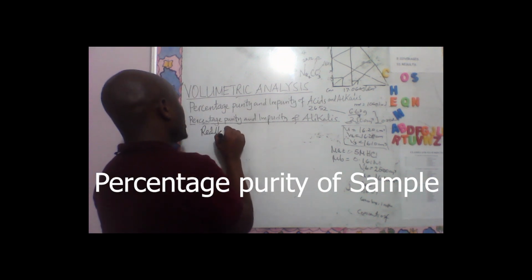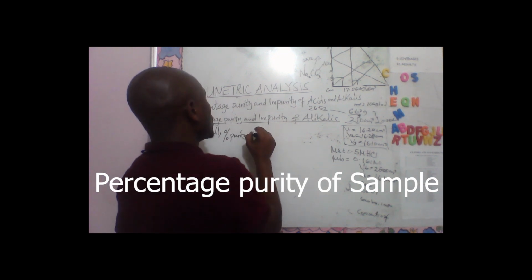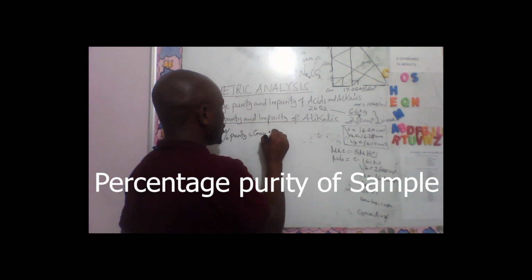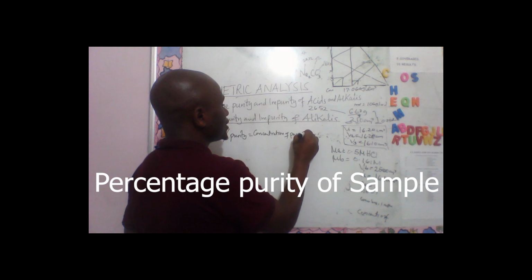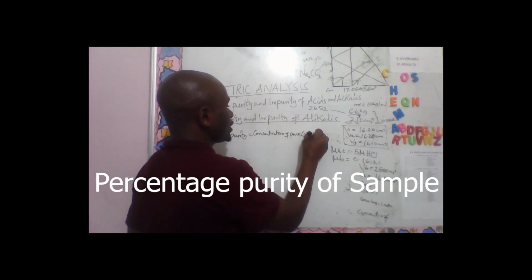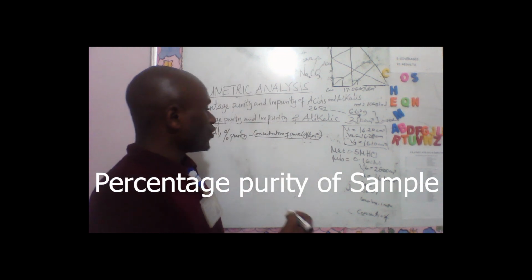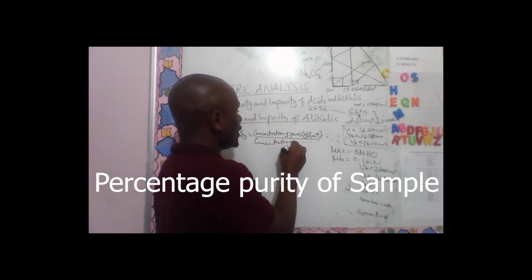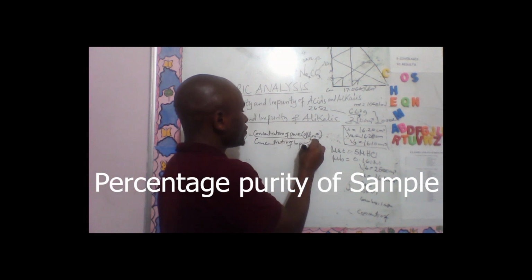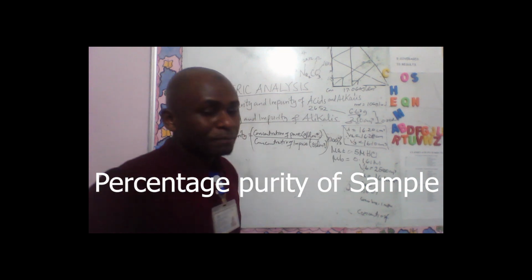Recall that percentage purity is equal to the concentration of pure, which is in gram per decimeter cube because we are talking about the mass concentration, over the concentration of impure sample, both in gram per decimeter cube, and we multiply by 100 percentage.